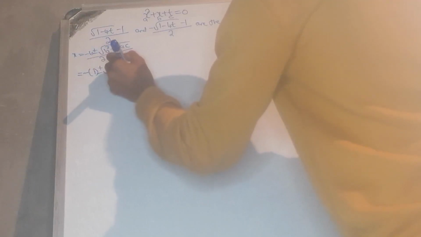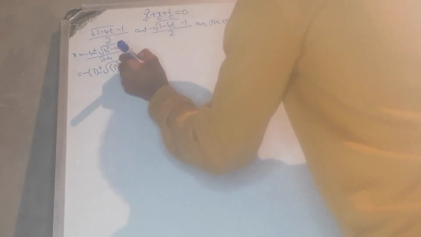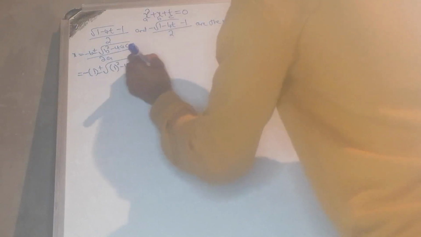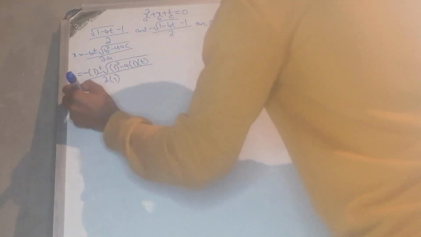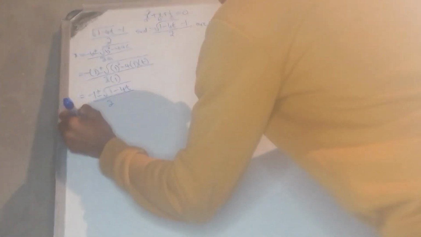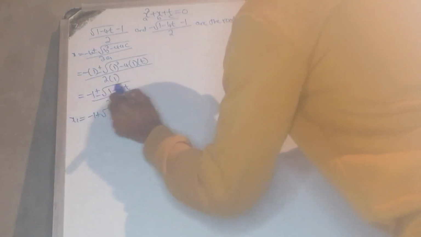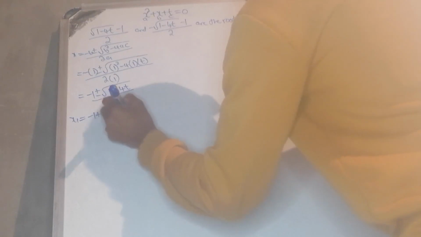You will have 1 squared minus 4 into a, it's 1, your c, it's t, divided by 2 into a, which is 1. Negative times positive is a negative 1. You'll have 1 minus 4t over 2. Taking x as being positive, the first x, I can rewrite this as minus 1 plus the square root of 1 minus 4t over 2.